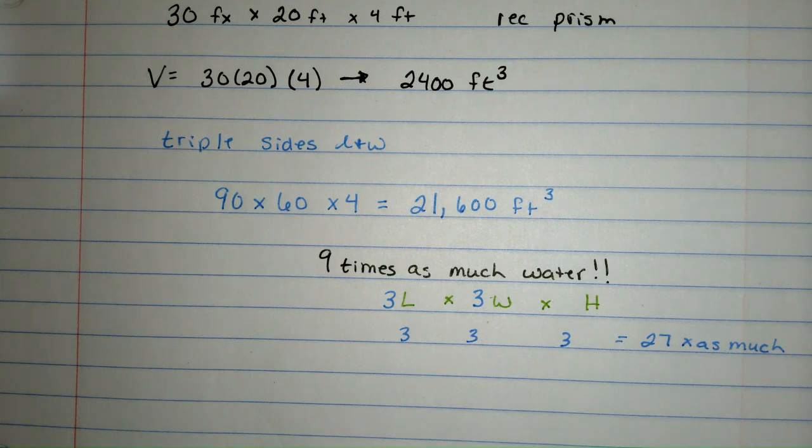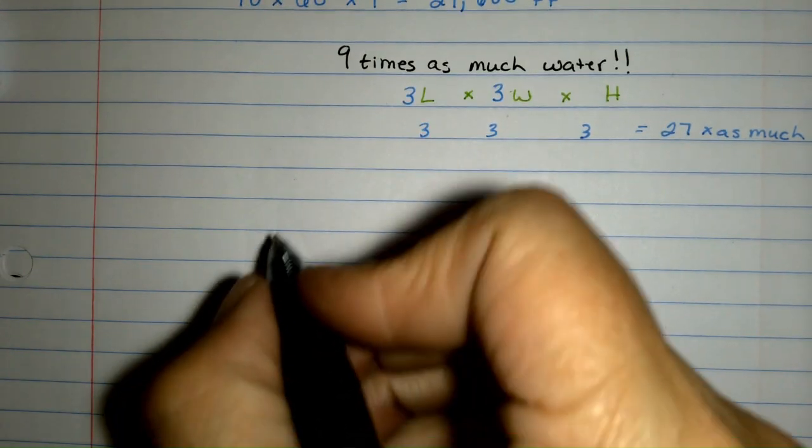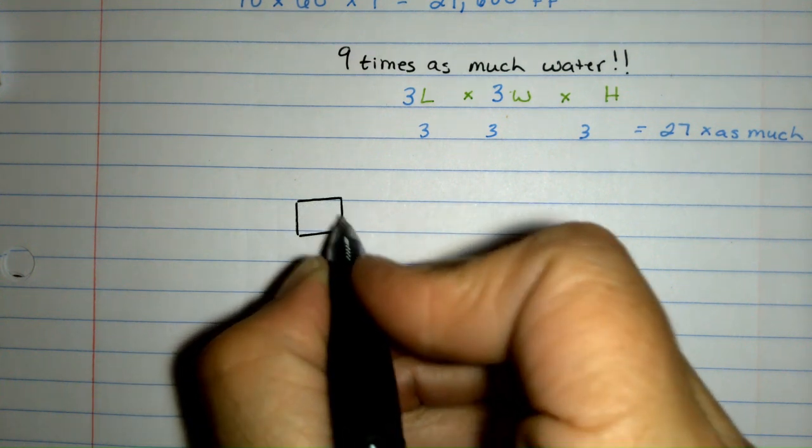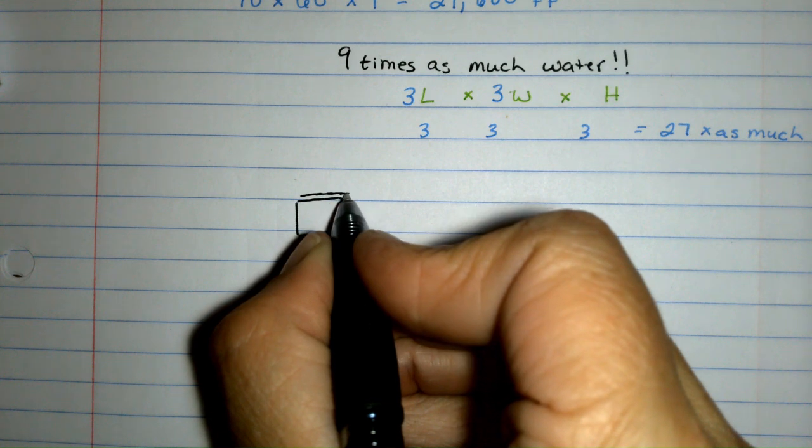Now, switch this up. Think about concrete for a patio. You're probably not going to change the depth, but if you just double the length and width of your patio that you're pouring, you need 4 times as much concrete. Why? Well, let's say you're going to build this patio right here. And it wasn't going to be very deep.